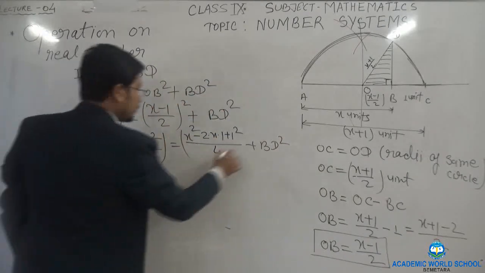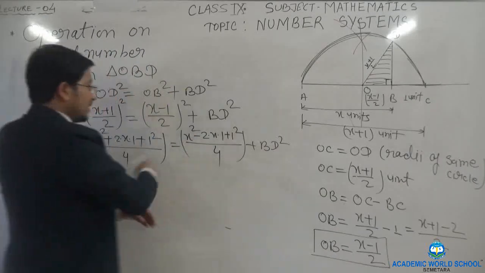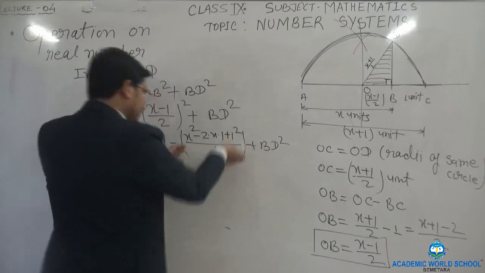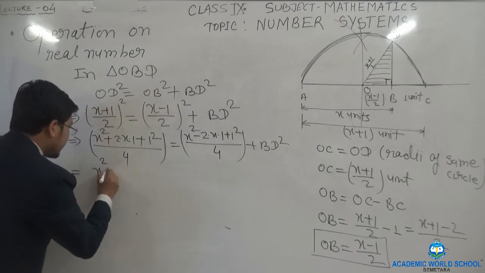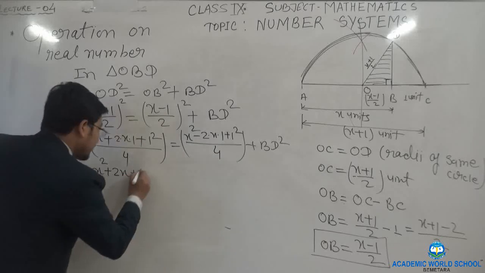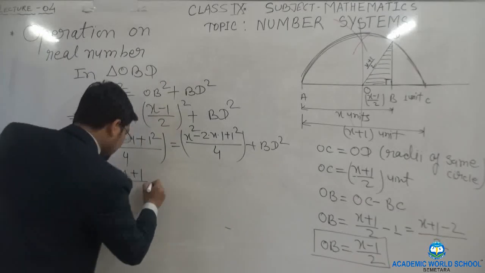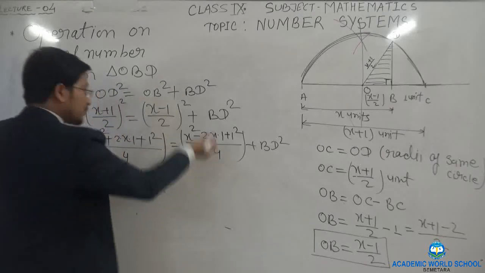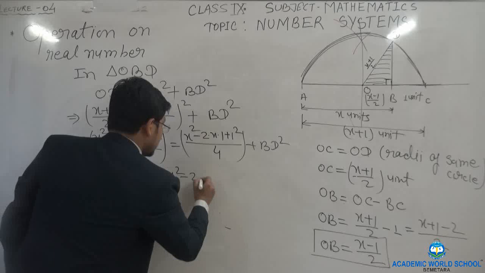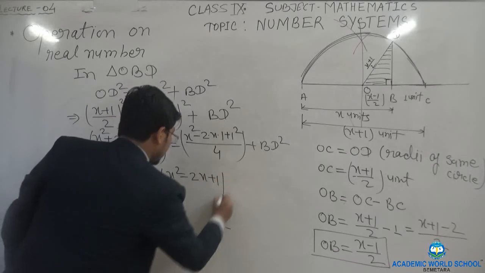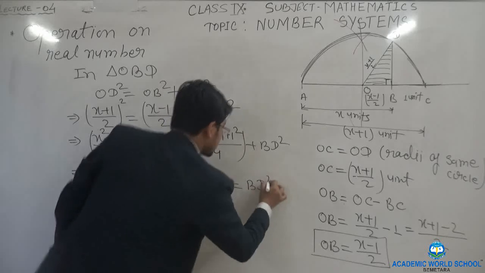Now we have to find the value of BD. We transfer this whole item to this side. So x square plus 2x plus 1 upon 4, minus x square minus 2x plus 1 upon 4, is equal to BD square.